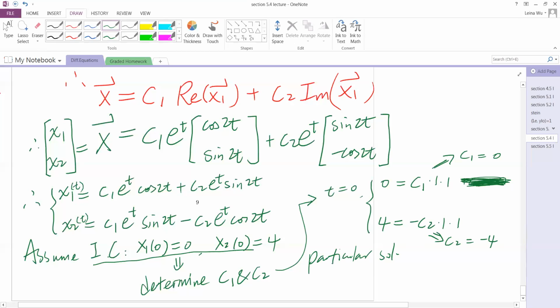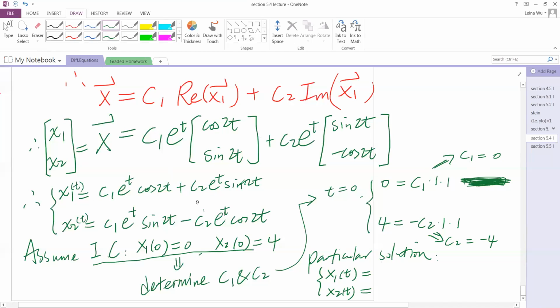The particular solution will just be x1 of t, x2 of t. Substitute C1 and C2. So the C1 part is all zeros, so this part is gone.